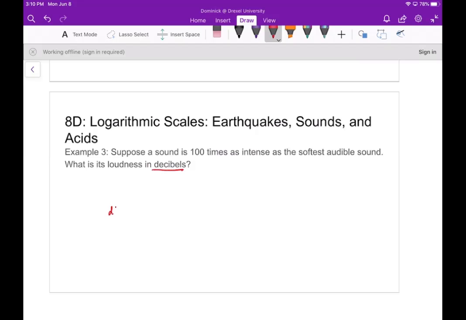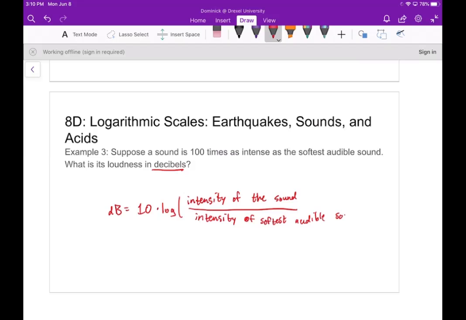We want that the decibels is equal to 10 times the log of the intensity of the sound over the intensity of the softest audible sound. Now, since we're given that the sound is 100 times as intense as the softest audible sound, the inside of this parentheses can just be replaced with a 100.